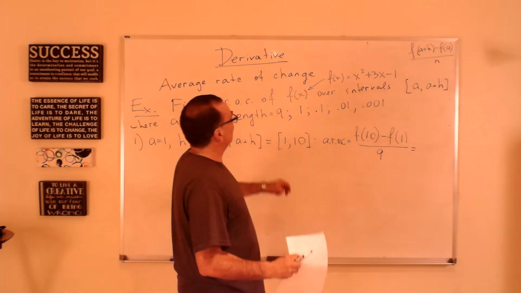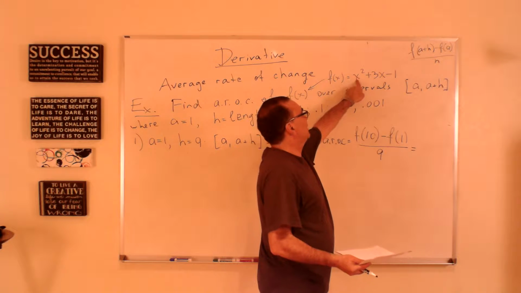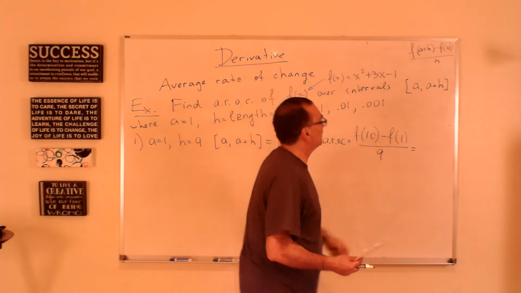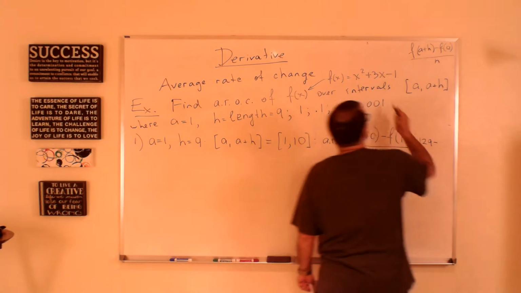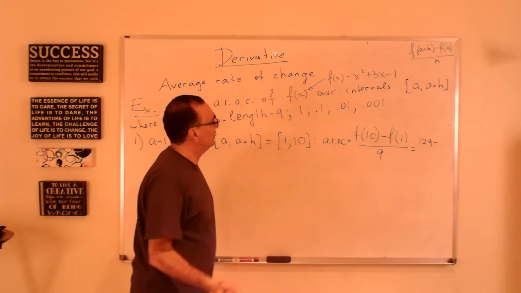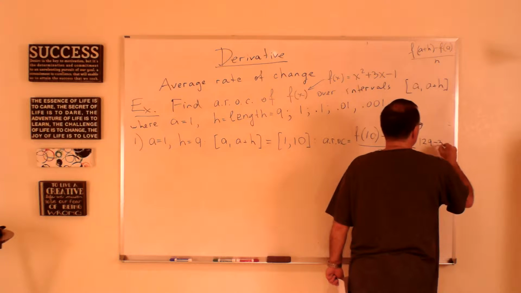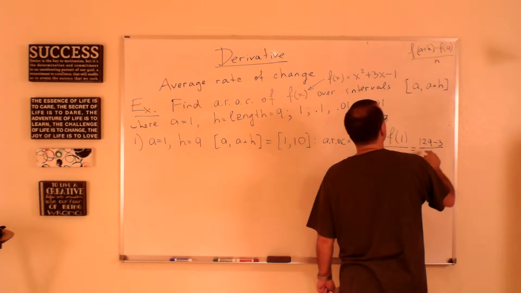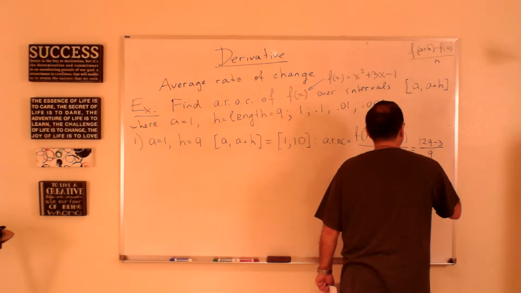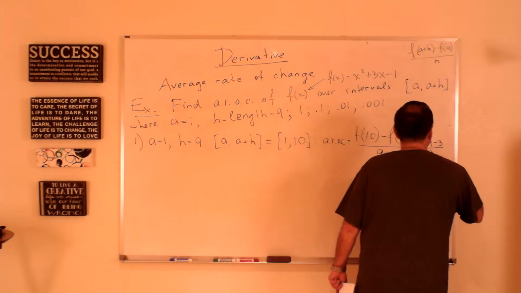Now f of 10 is quite easy to calculate just by plugging it in, so it will be 10 squared is 100, plus 3 times 10, 130, minus 1 is 129, minus, now plugging 1 is also easy, 1 plus 3 is 4, minus 1 is again 3, so 129 minus 3, all of that over 9, which makes 126 over 9, which is 14.